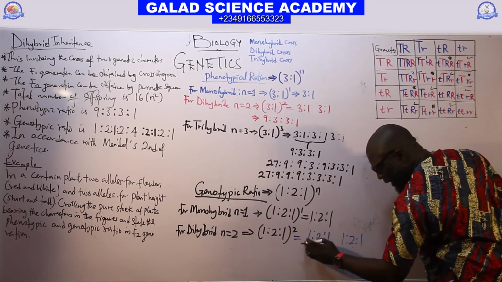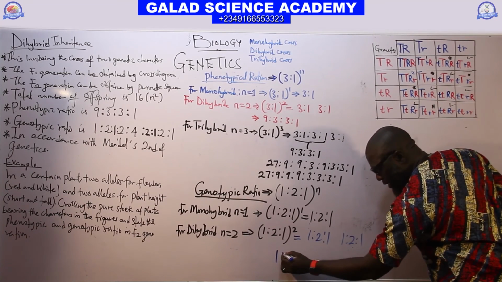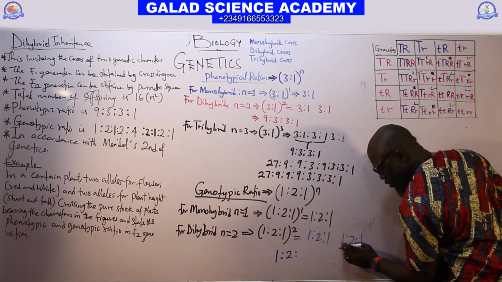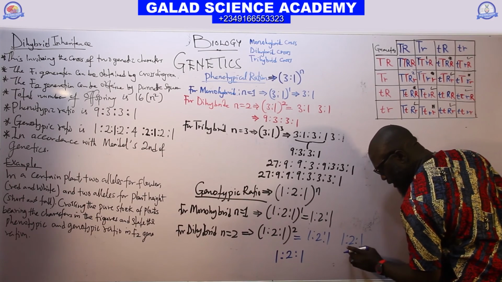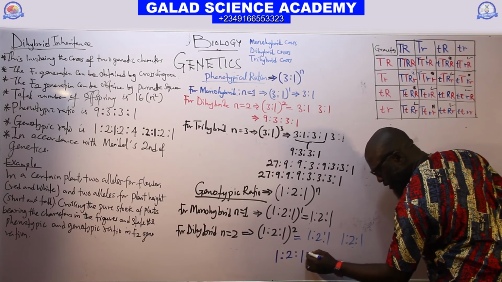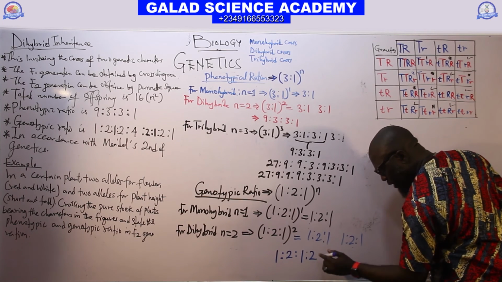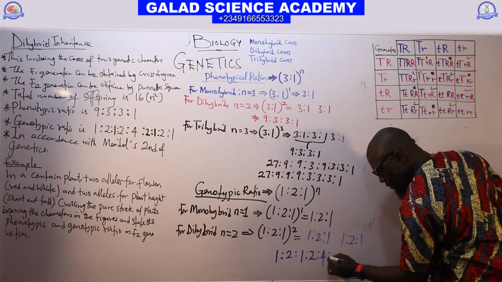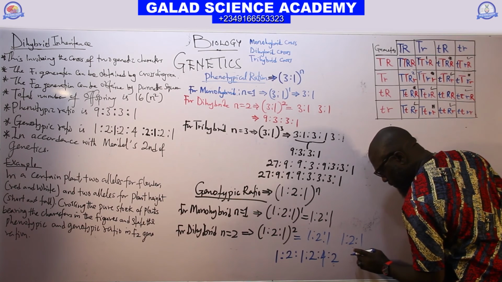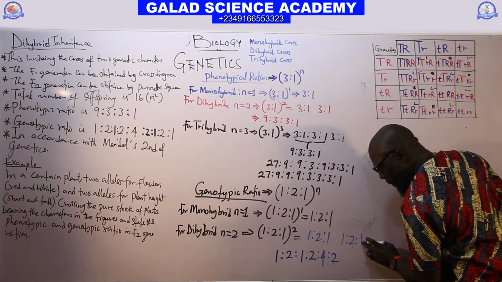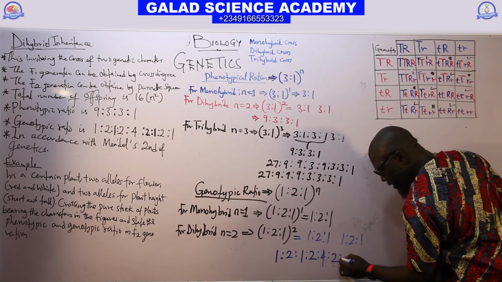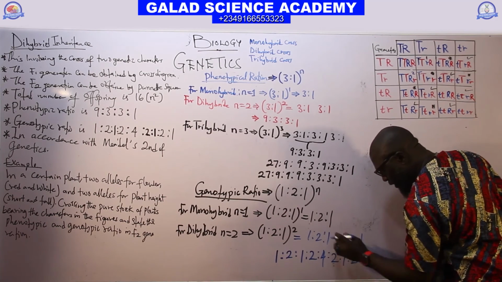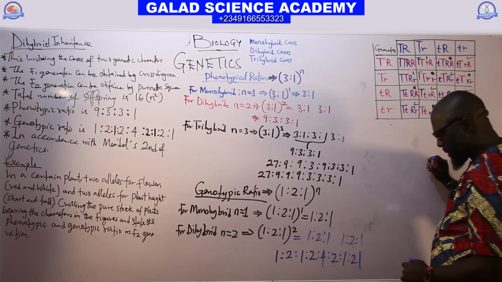1 times 1 here, we have 1. 1 times 2, 2. 1 times 1, 1. Then 2 times 1, 2. 2 times 2, 4. 2 times 1, 2. The next one, 1 times 1, ratio 1. 1 times 2, ratio 2. 1 times 1, ratio 1.